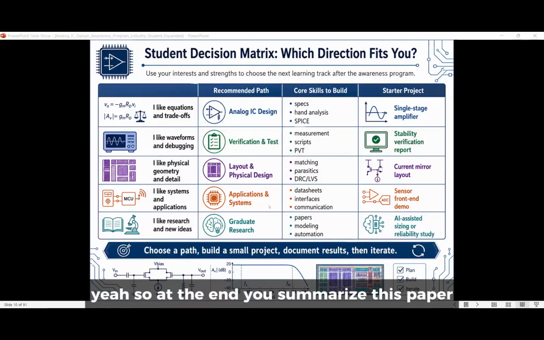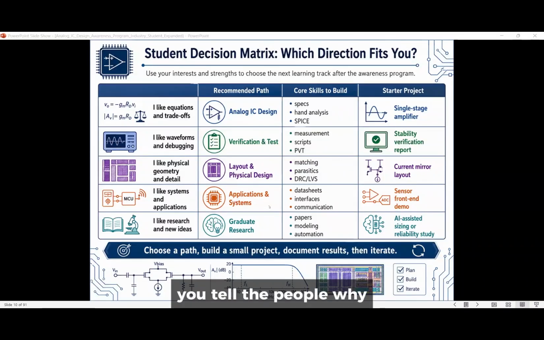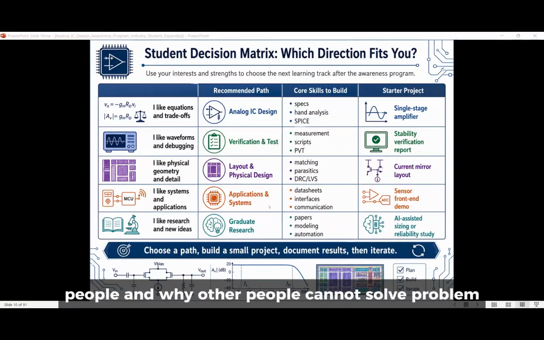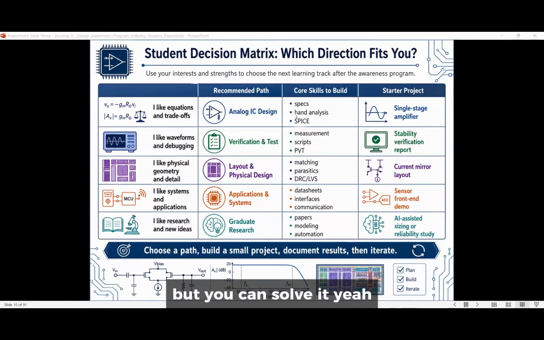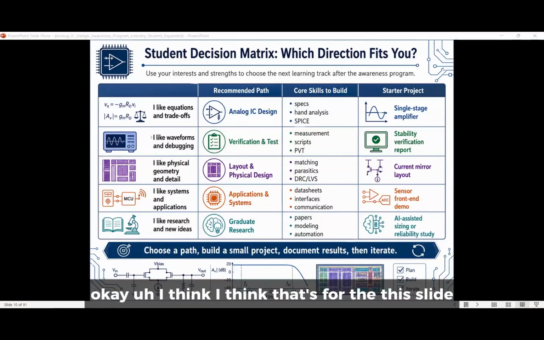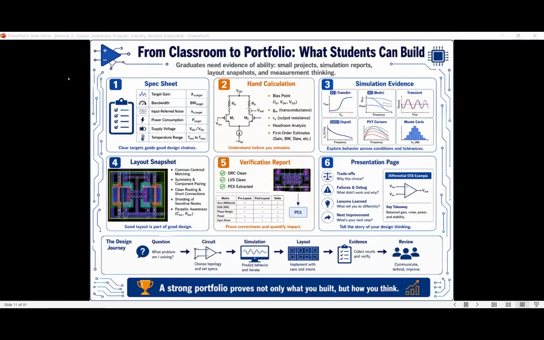So at the end, you summarize this paper. You tell the people why your proposed technique is better than others and why other people cannot solve the problem, but you can solve it. Yeah. Okay, I think that's it for this slide.